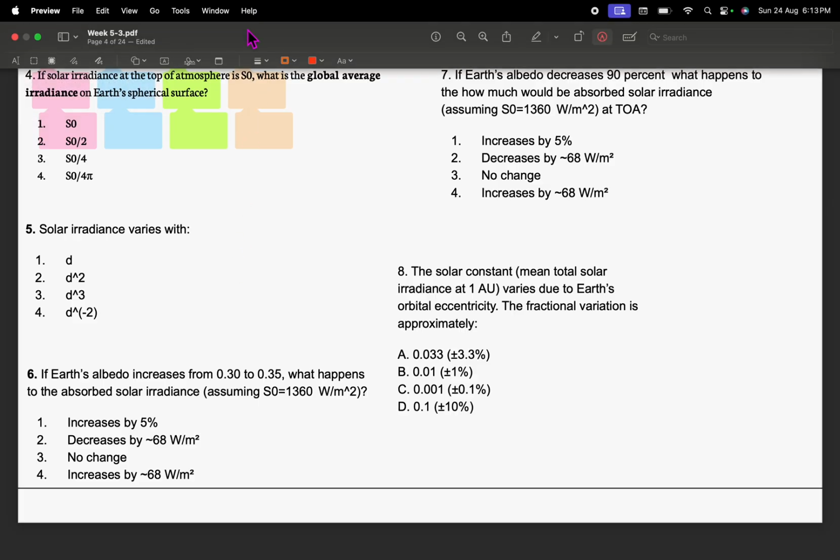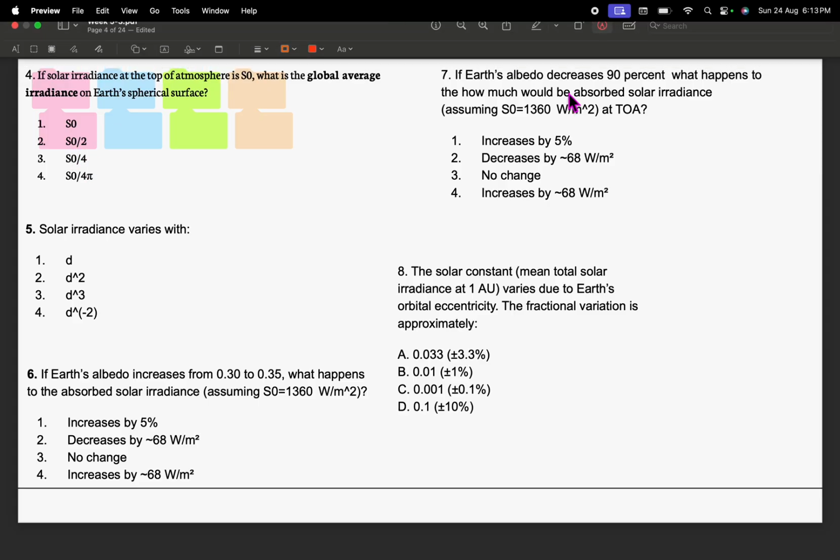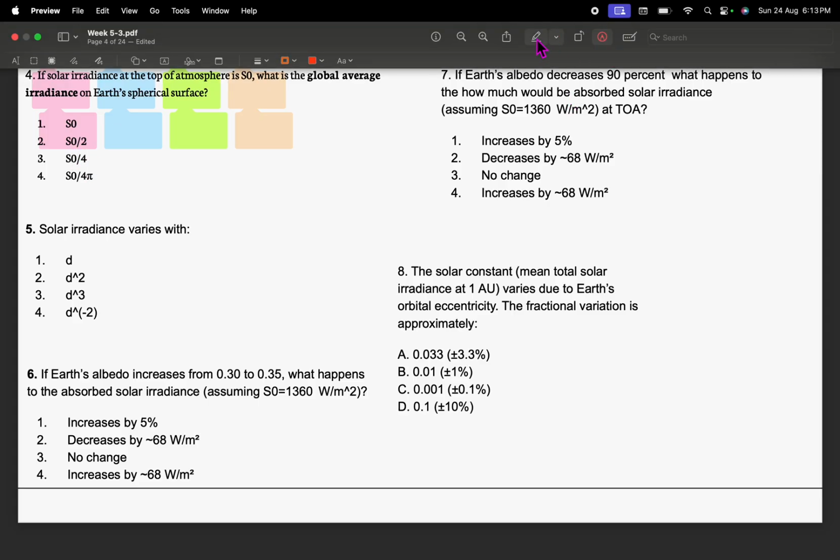You can take a circular surface facing the sun, and then to find the global average value of irradiance, you have to divide it by 4 pi r square, the whole surface area of the Earth. So option C is correct for this question.